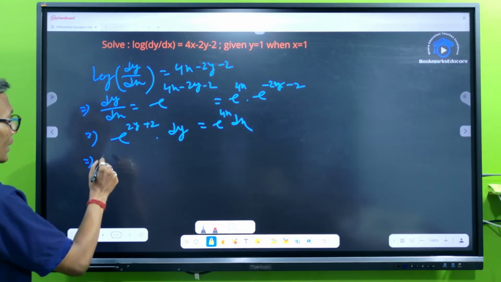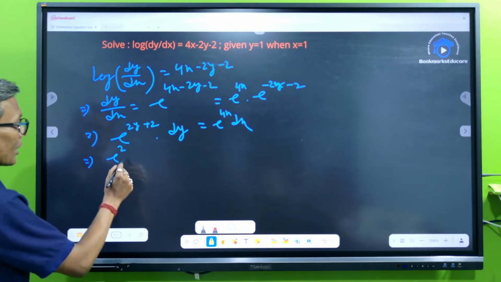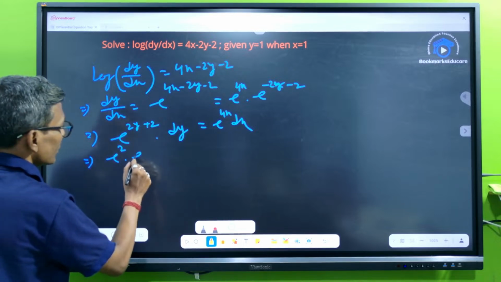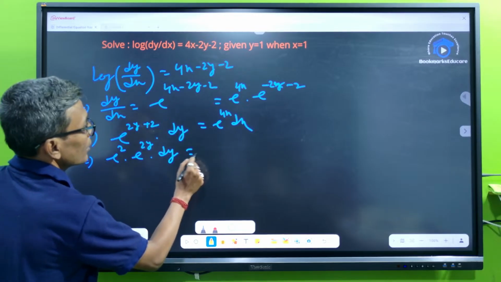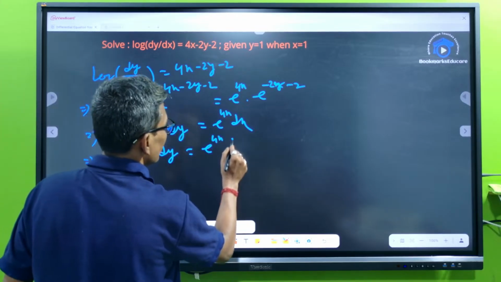So integrating on both sides, it can be split as e squared into e^(2y) dy equal to e^(4x) into dx.